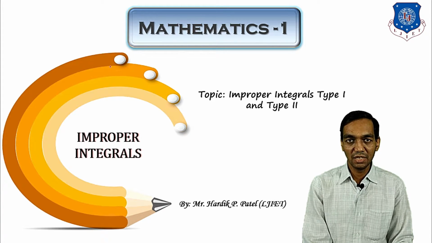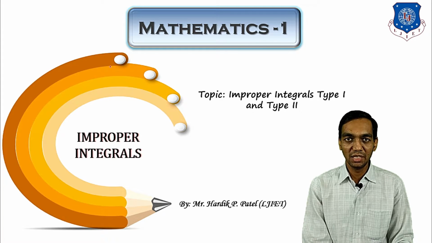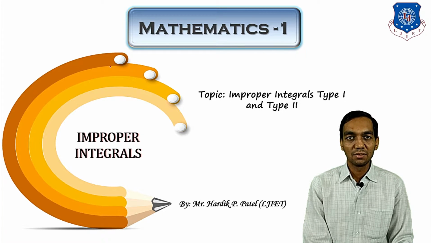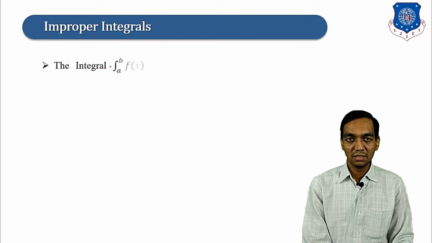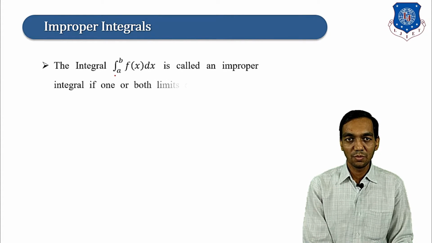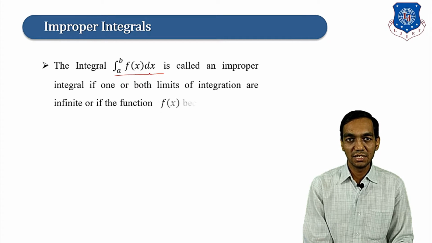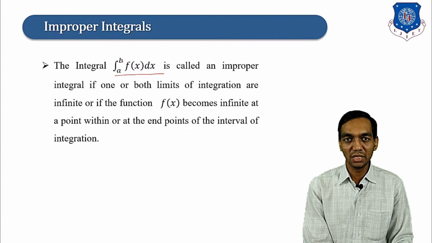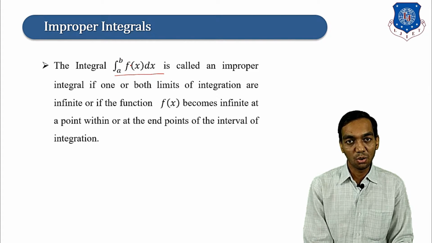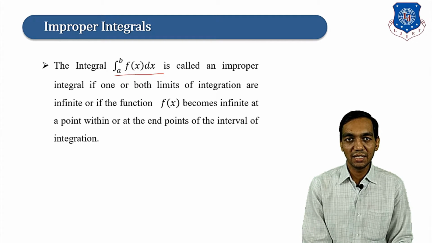In today's session, we are going to start with the topic improper integrals. Now first of all, what is an improper integral? See, the integral of the form integration from a to b f(x) dx is said to be improper if both the limits a and b, or either of the limits a and b, is going to be infinite, or your function f(x) is going to be infinite at some point in between a and b or at the end point of a and b.